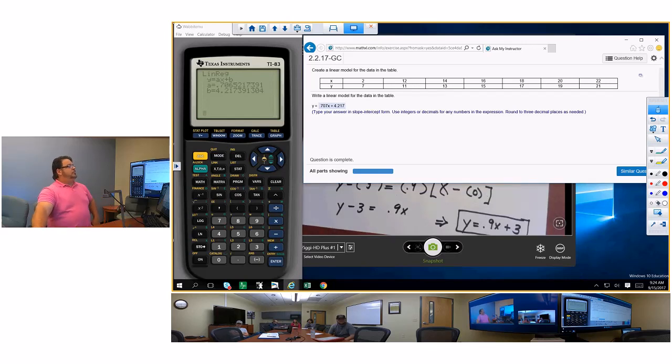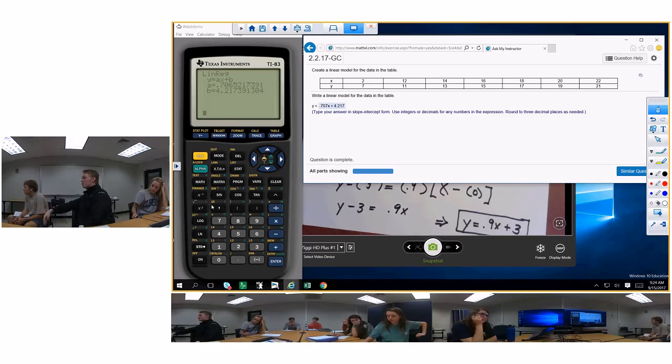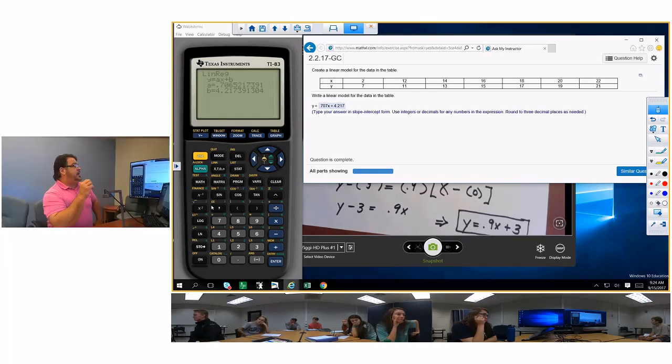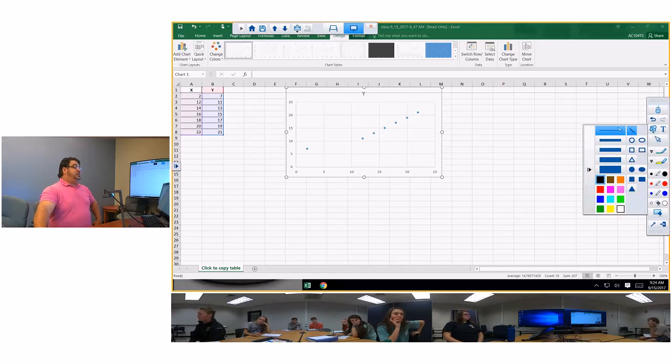So to do it without a calculator, you would just take 2 points somewhere on the graph and do the whole point slope formula, right? You would have to get a good guess. Okay. Like I told you before, when you plot the points, that's not a straight line. Now, you might think you could do this.